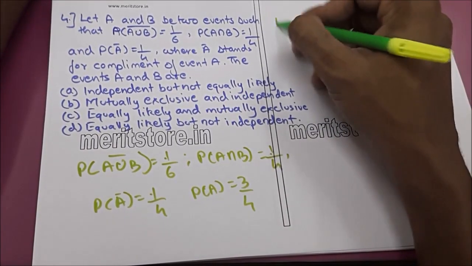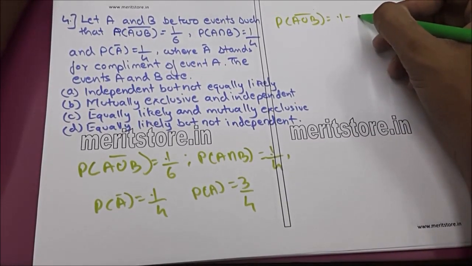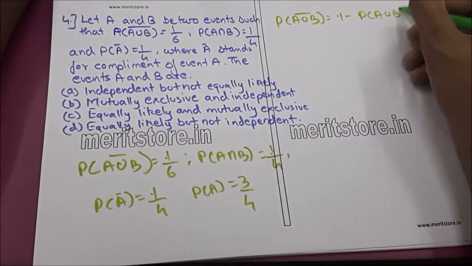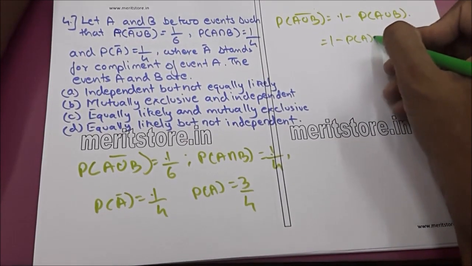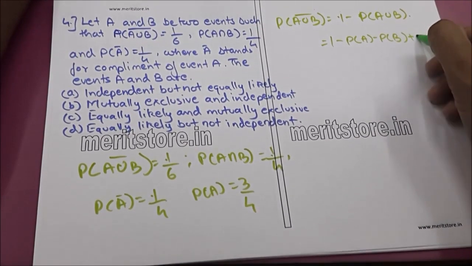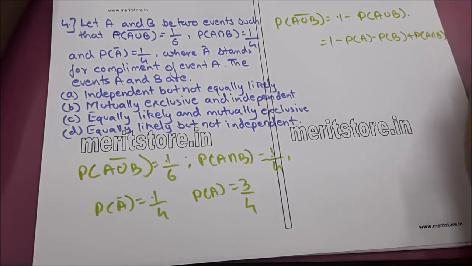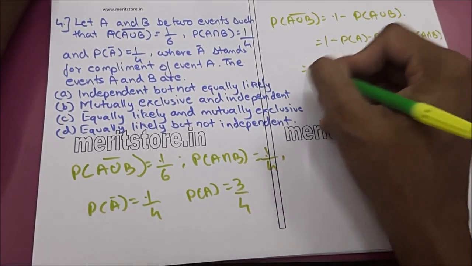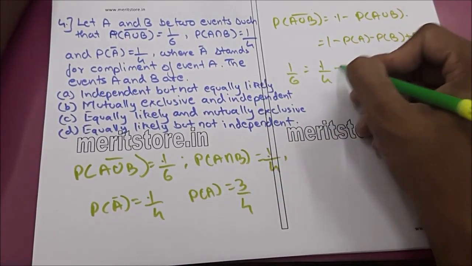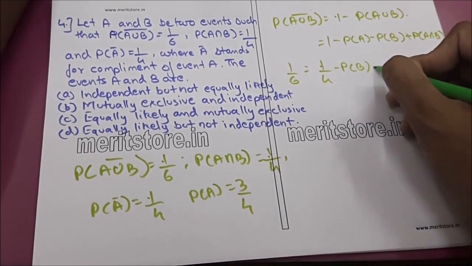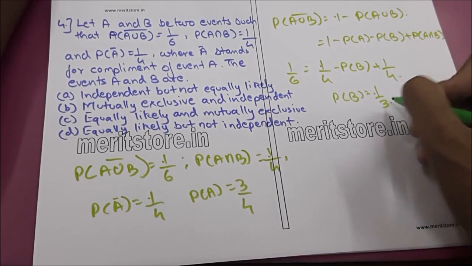So we can write probability of A union B bar as 1 minus probability of A union B. Therefore we can write A union B as P of A plus P of B minus probability of A intersection B. We substitute the values, we get 1 by 6, 1 by 4 minus probability of B plus 1 by 4, where we get probability of B is equal to 1 by 3.